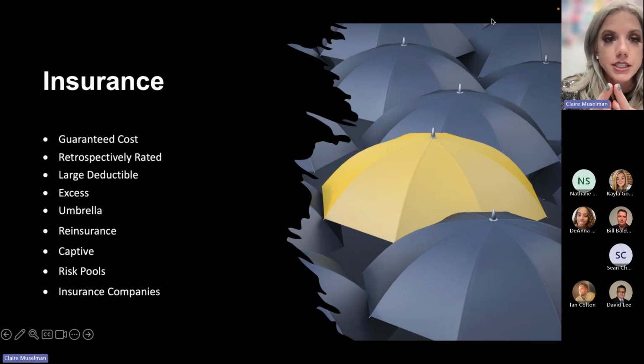Large deductible, we just talked about, is very much like paying your copays. So you've got that first set of money that you're going to need to pay and where you can have some control. And then once we hit over $250,000, $300,000, it will bounce into a different type of policy. Then excess insurance goes above and beyond what a normal policy might encompass.